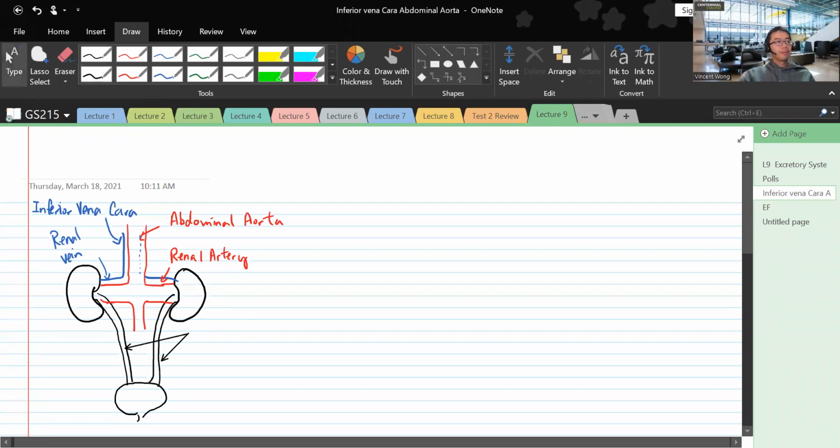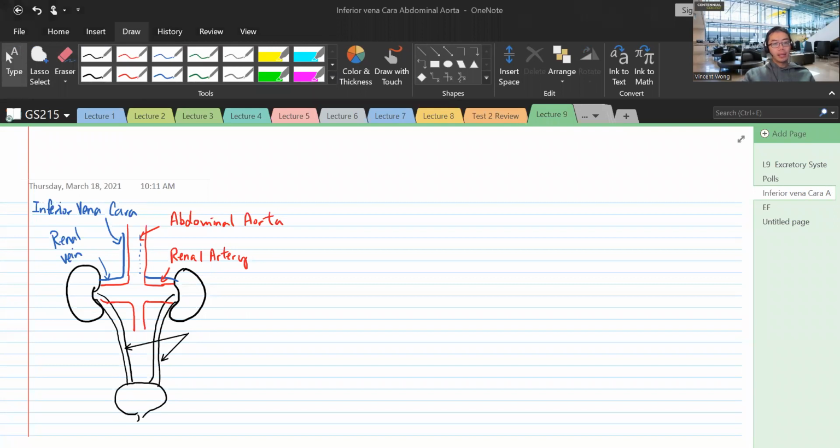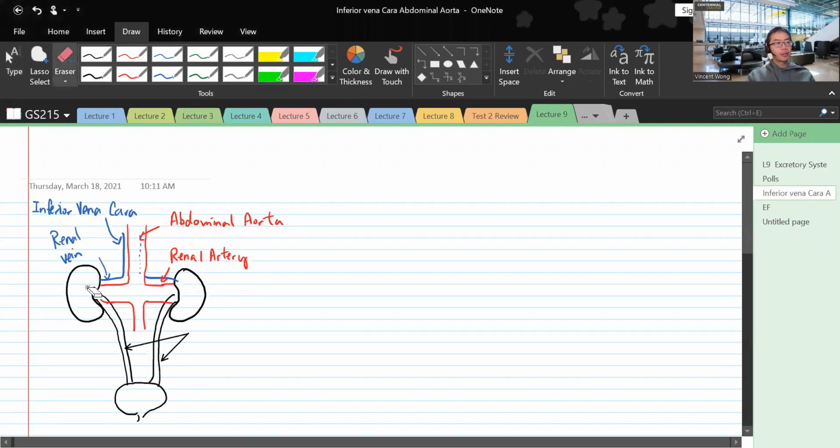Do you guys remember what those are called? They collect the urine and guide it towards the urinary bladder here. Anybody? Yeah, exactly. They are the ureters. Rochelle, thank you. With an E though.